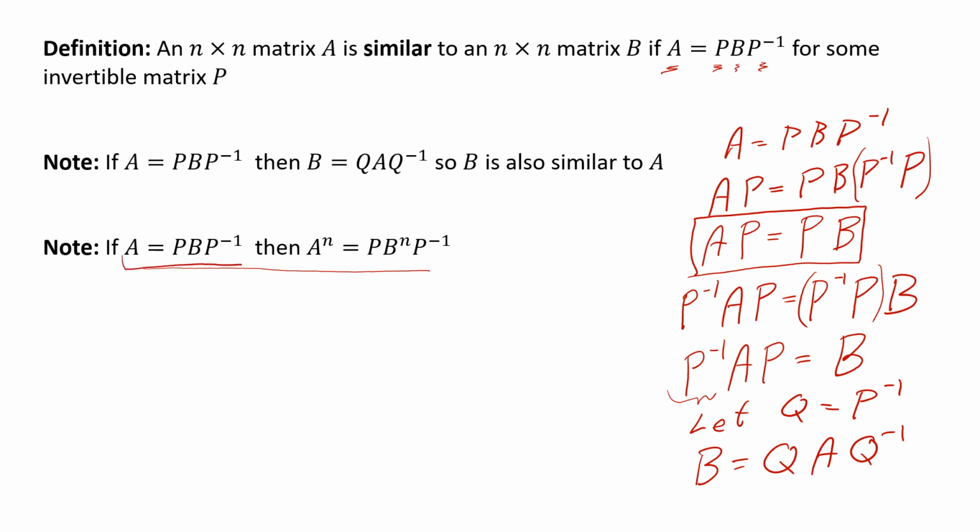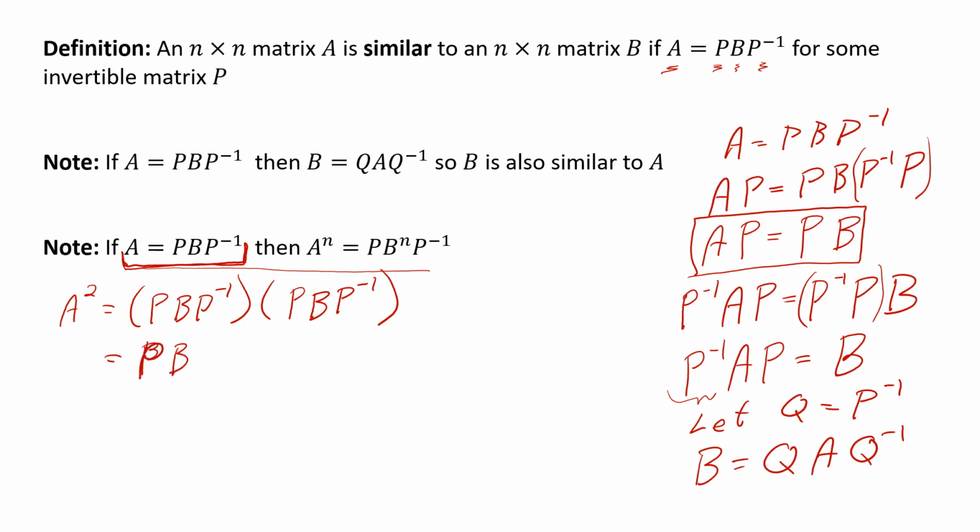If we have that A is similar to B, then what happens with A squared? So what's A squared? That's just A times A. So that's equal to P B P inverse times P B P inverse. That's just replacement. But now gather up the terms a little differently here.